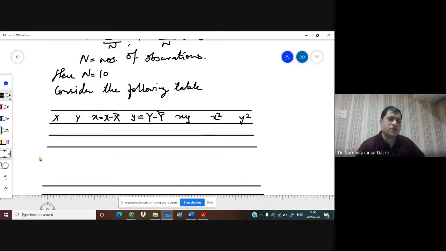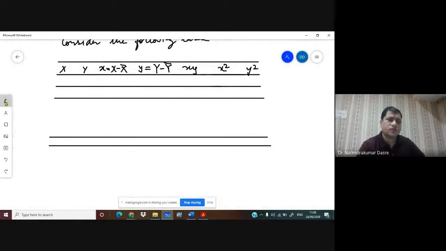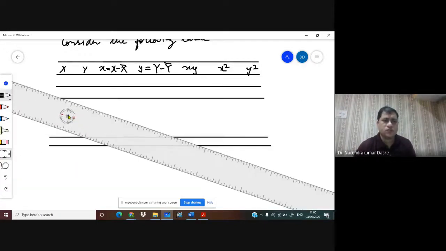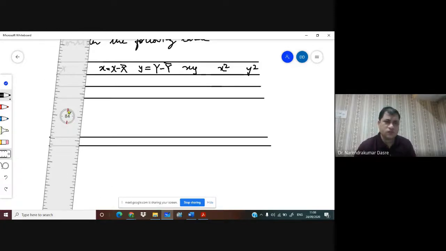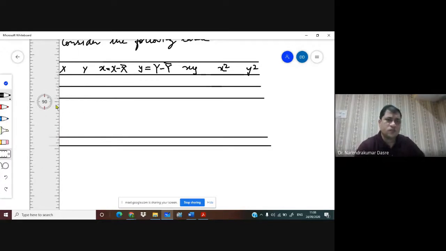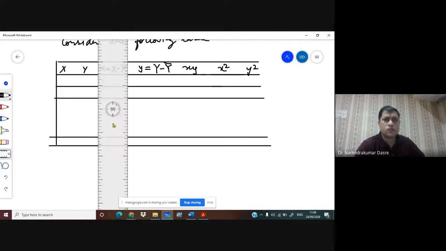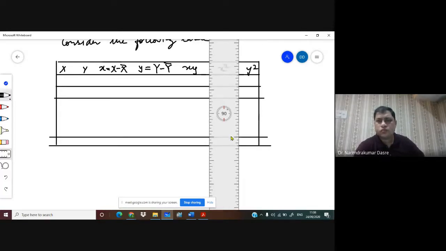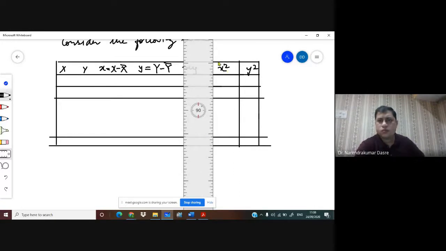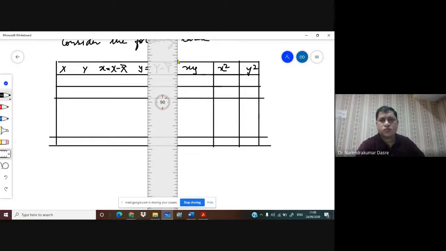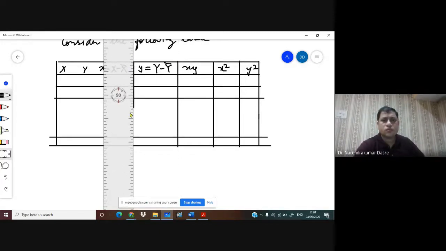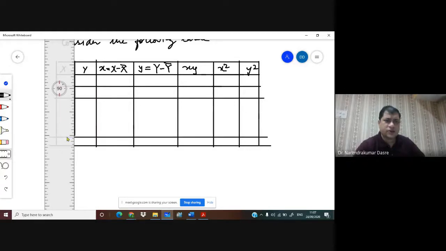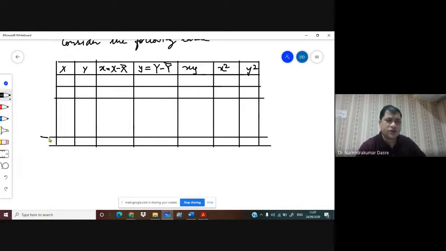So the last row will be for the summation. So please write these values and then get what we get for this summation.